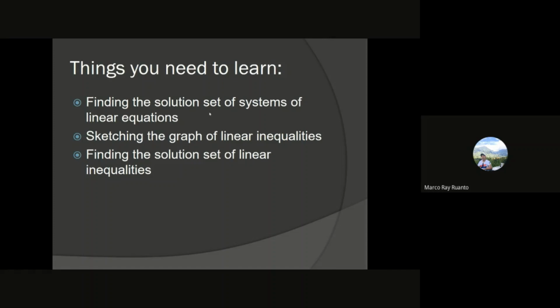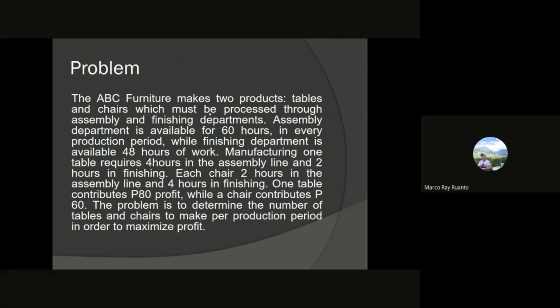Okay, now let's start. We will start with this problem. Let's say we have the ABC Furniture Company. It produces two kinds of products, tables and chairs, which are to be processed through the assembly and finishing departments.